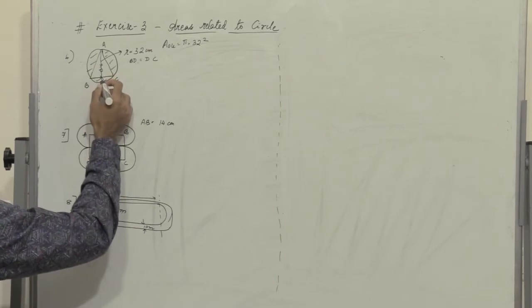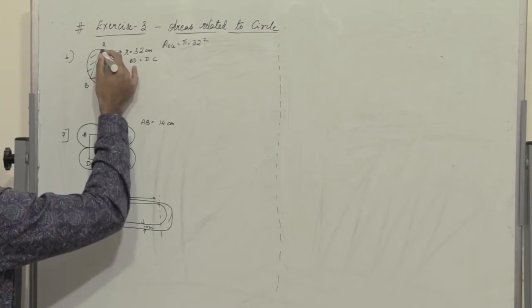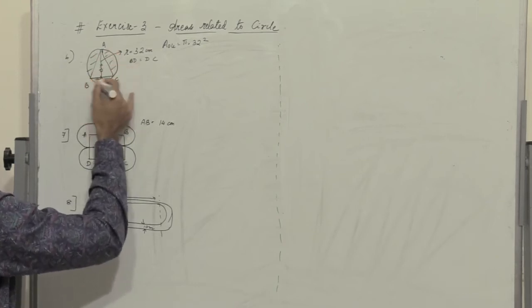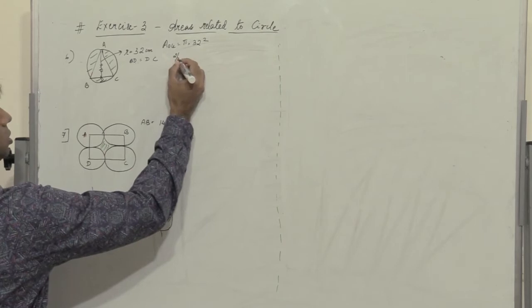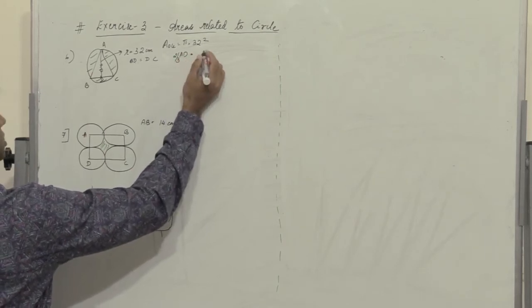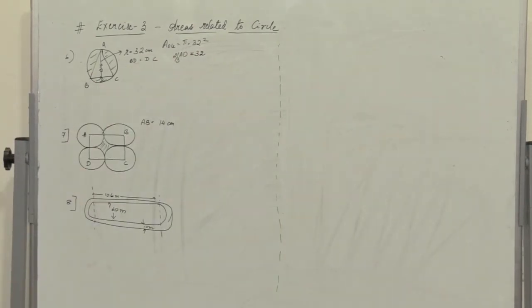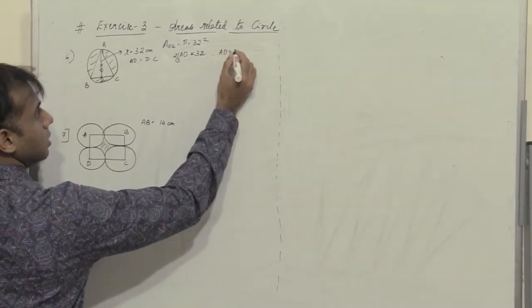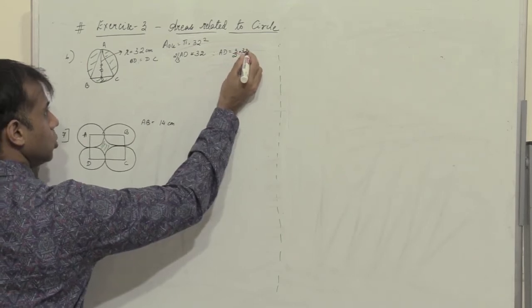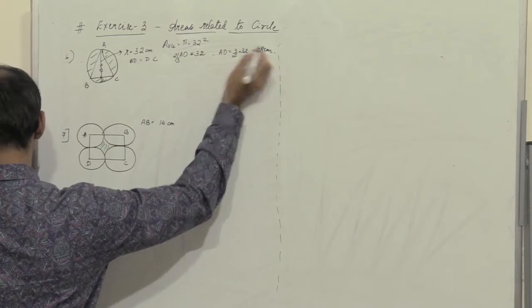So therefore, we know that in such a situation where we have an equilateral triangle and we have a line drawn from A perpendicular to BC, which divides the line BC into two equal halves, 2/3 AD is equal to the radius of the circle, which is 32, or AD is 3/2 times the radius. So therefore AD is 3/2 into 32. So we get the value of AD as 48 centimeter.